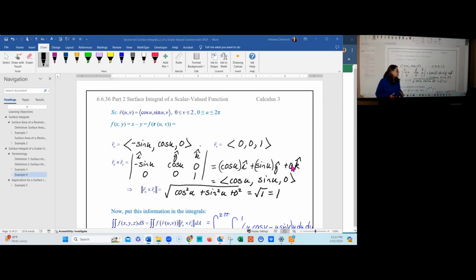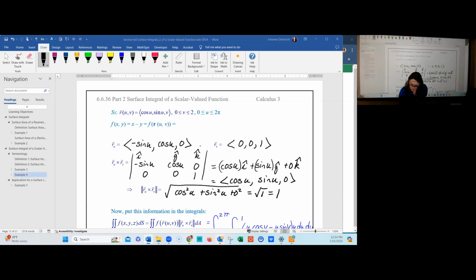To find the magnitude, we square each component, add them together, and take the square root. But sine squared of u plus cosine squared of u is 1, so we're getting the square root of 1, which is 1. Which means that the magnitude of this normal vector is 1, so the normal vector is actually a unit vector.